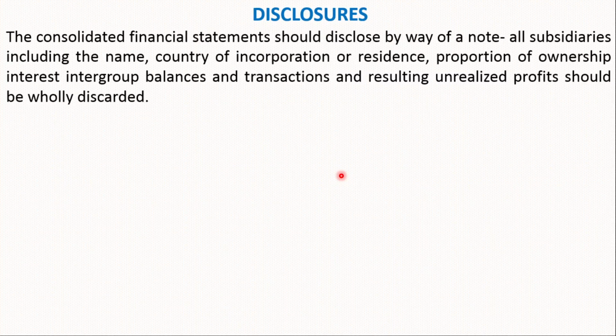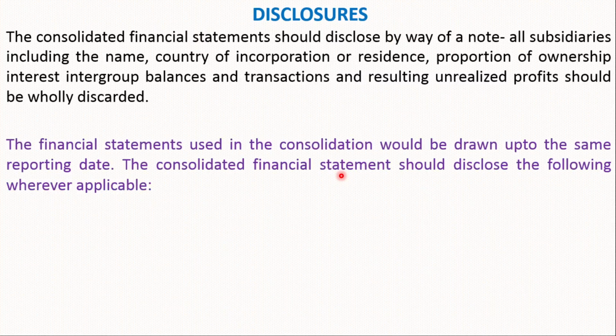Disclosure: in the consolidated financial statement, all subsidiaries should be disclosed by way of note, including the name, country of incorporation or residence, and proportion of ownership interest. Intergroup balances and transactions and resulting unrealized profit should be wholly eliminated. The financial statements used in the consolidation would be drawn up to the same reporting date.